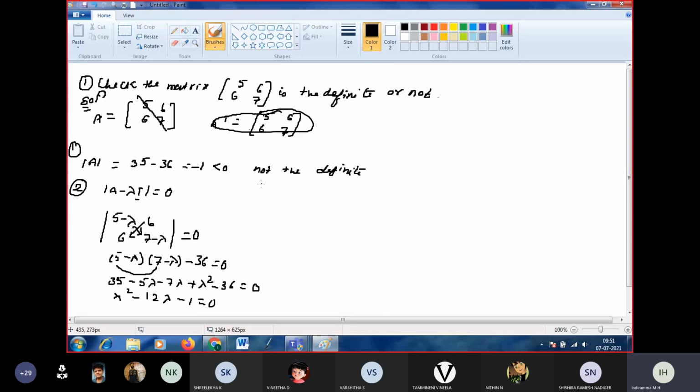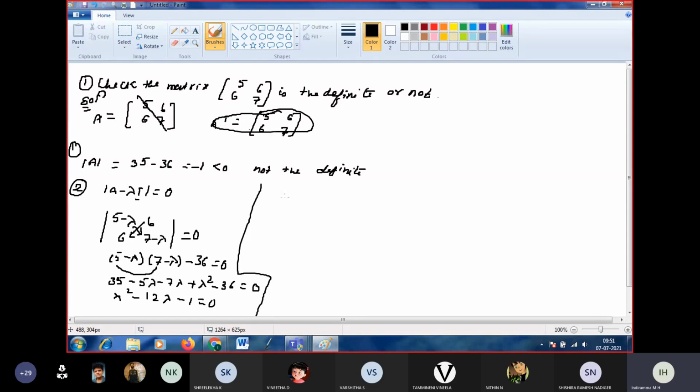Is it possible to factorize? No. Then use your calculator, or by the formula method we can find the roots.